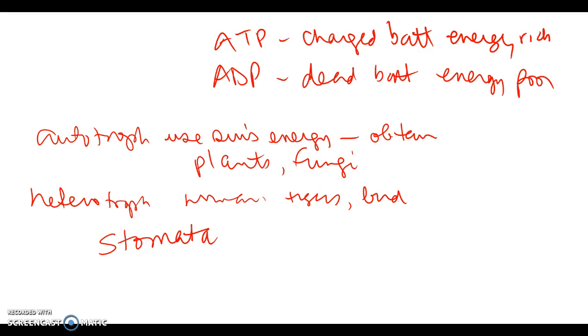But let's look at the next sheet, because I actually think I have better information now. Number 14, I'm going to go to another page. 14 says, which of the following is not required for photosynthesis?